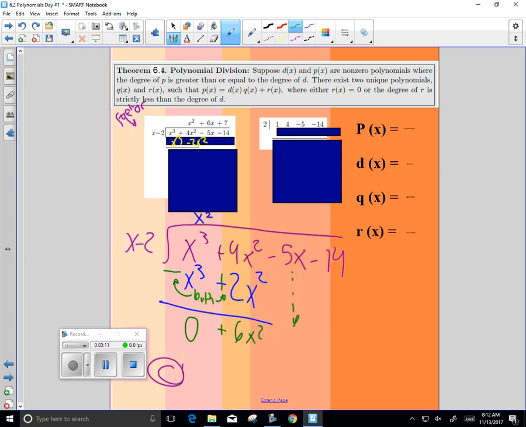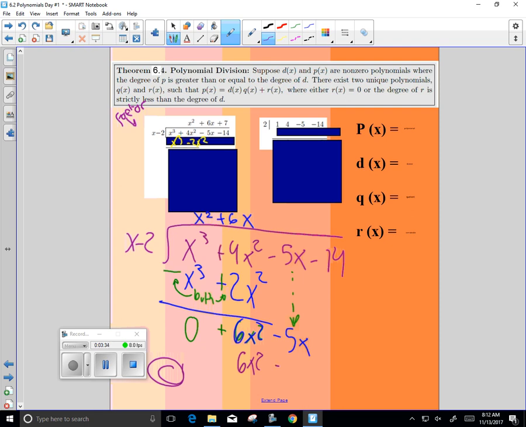Bring down the negative 5x. 6x squared minus 5x. Now x times what is 6x squared? 6x. So now 6x times x is 6x squared. This is going to reduce nice.